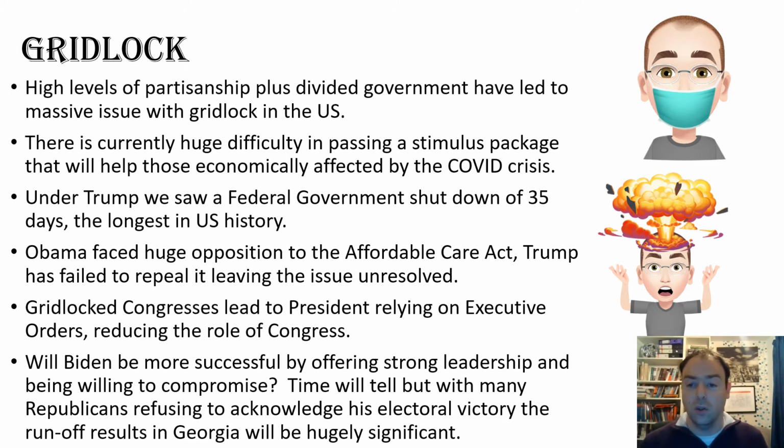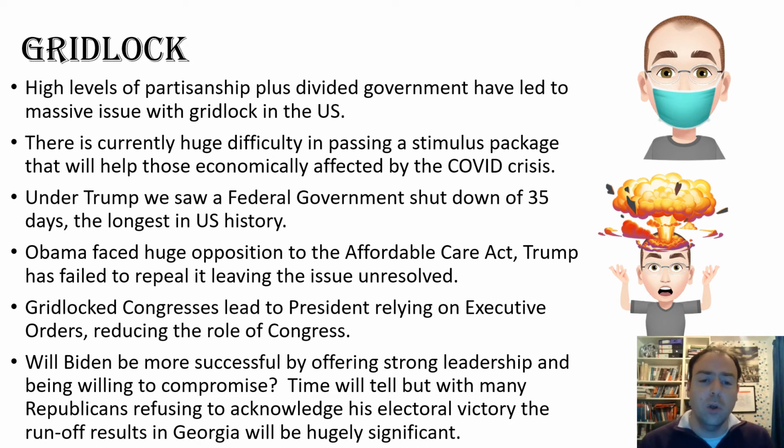I'll use executive orders. And we've seen a president blind Congress with loads and loads of executive orders in a short period of time. It's very difficult for Congress then to go back and unpick it all.